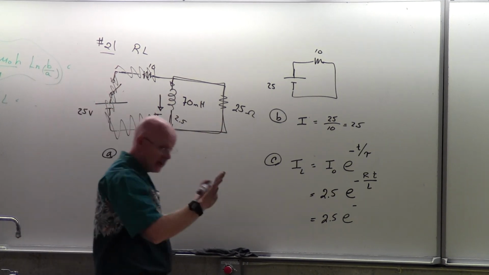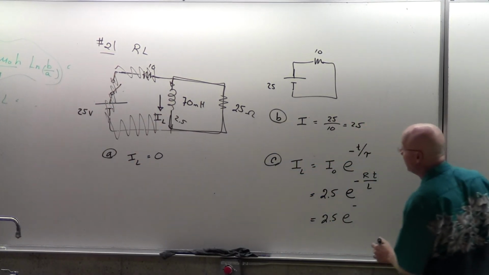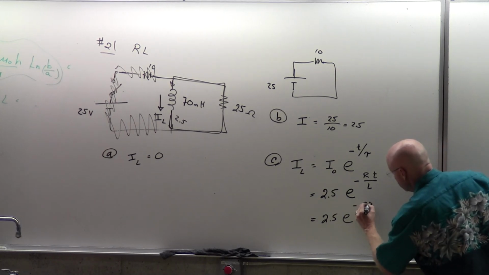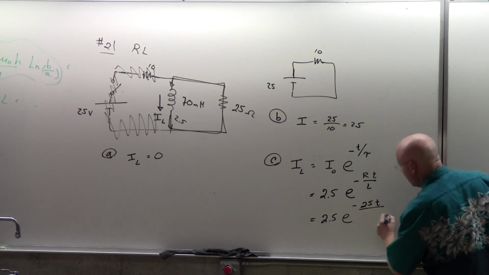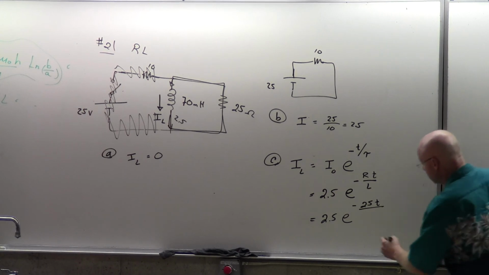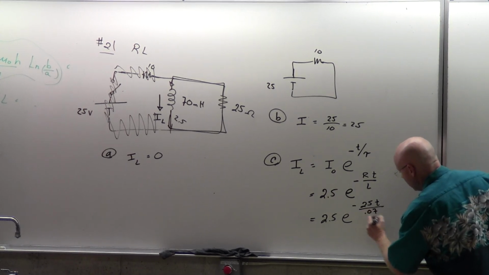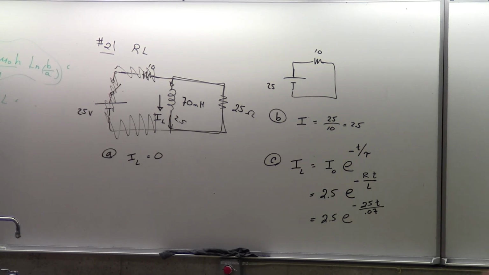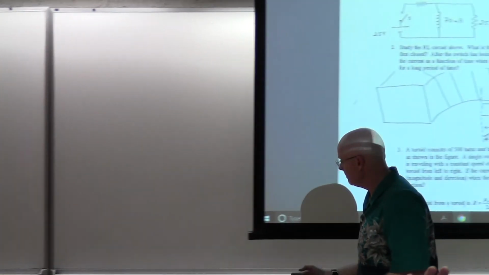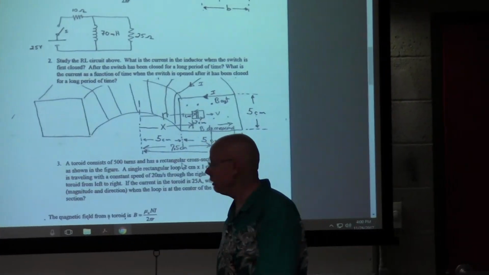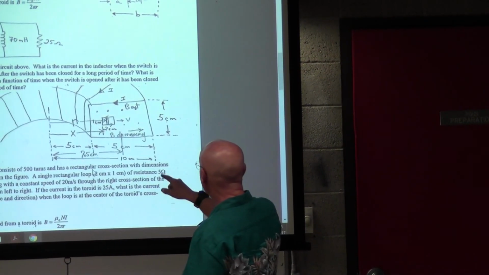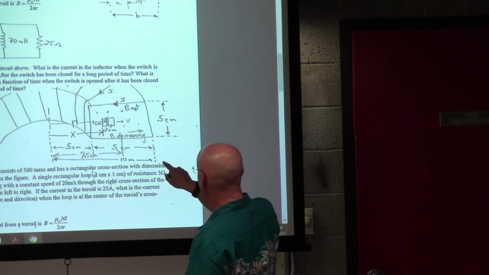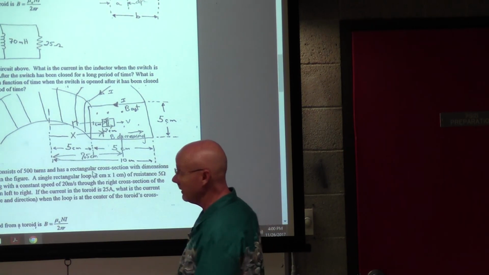The 10 is out of the picture once that has been opened, so this would be 25t over the inductance, which would be 0.07. We can simplify if we want, but given our time frame, maybe I'll leave it there and say, yeah, closed out as a function of time.